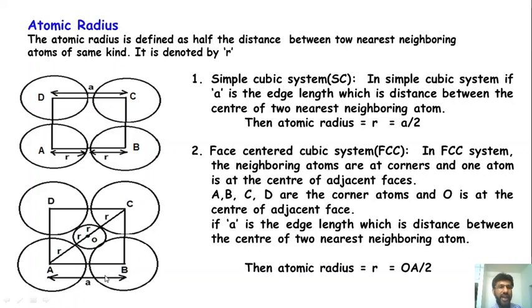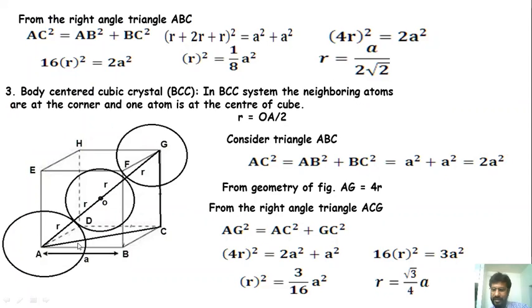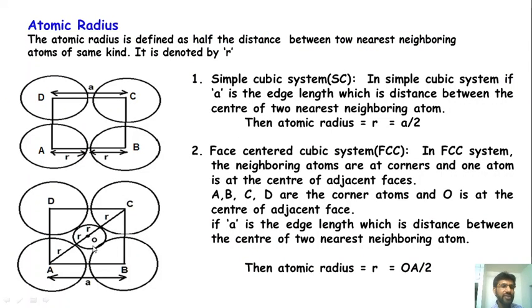If we consider the distance between the centers of the two nearest neighboring atoms, then for the atoms A and O, from this point to this point R is the atomic radius for the atom A, and from this point to this point R is the atomic radius of the atom O. Therefore, R is equal to OA divided by 2.